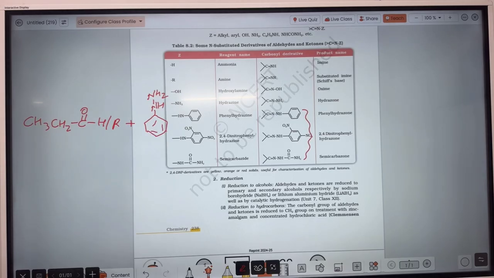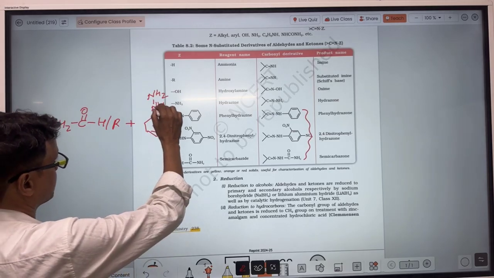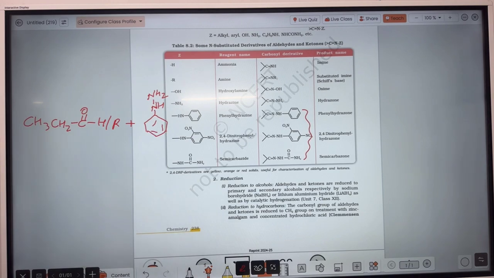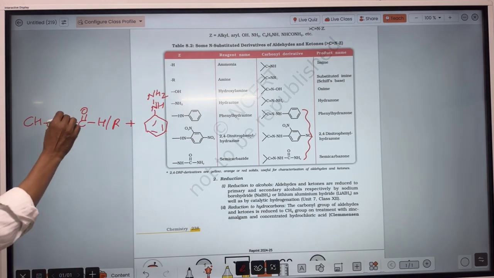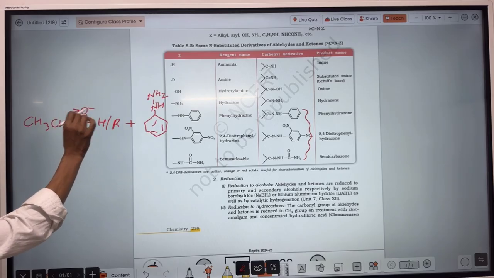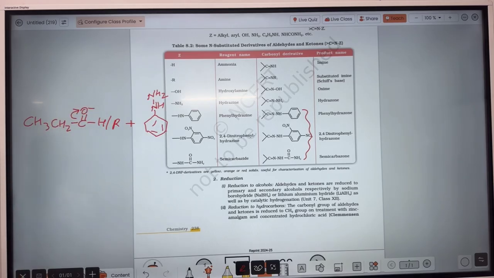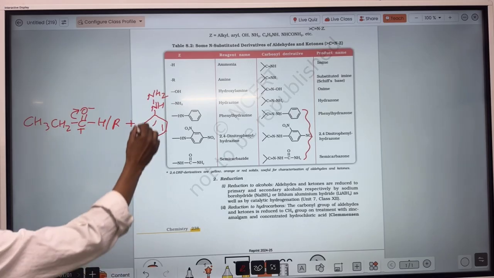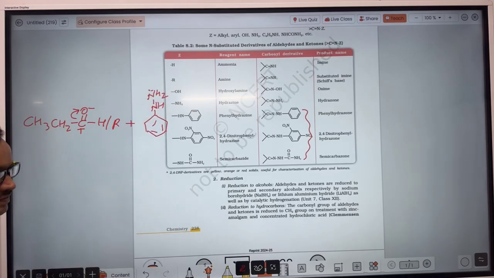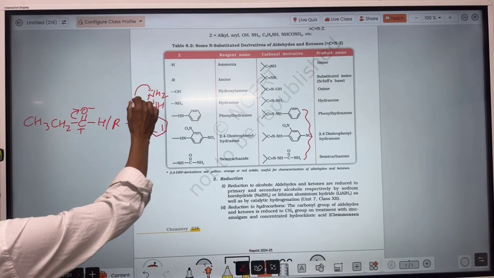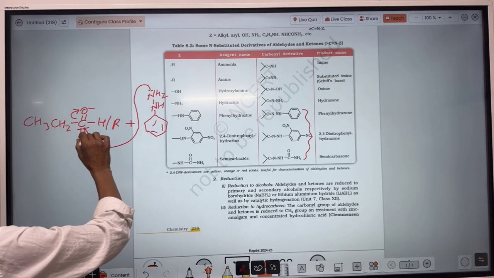Now what happened? Same procedure as we followed in the earlier reactions. Oxygen will attack the pi electron, so there will be a negative charge on the oxygen and a positive charge on the carbon atom. This nitrogen has a lone pair of electrons, so this nitrogen will get attracted towards this carbon.